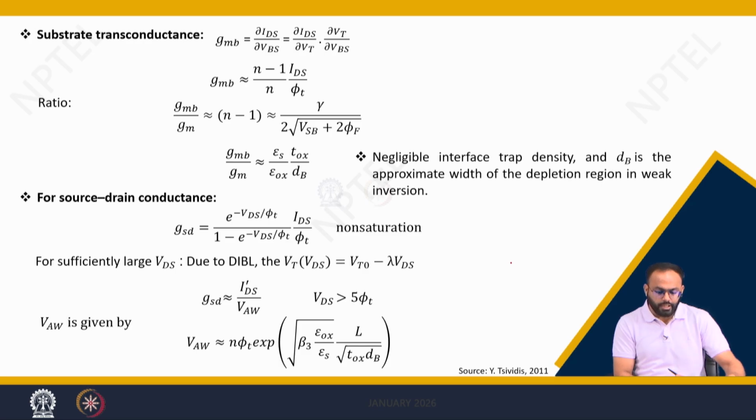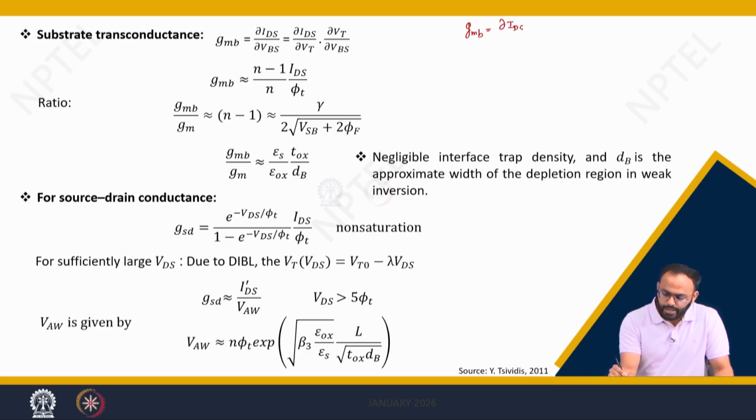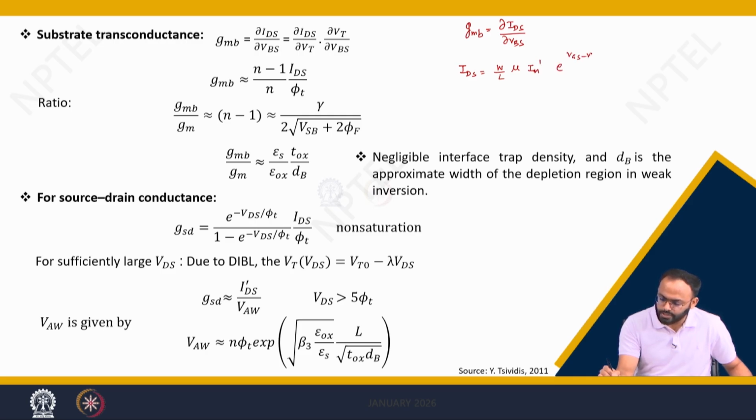Now let's calculate the substrate transconductance, which is GMB, defined as delta IDS divided by delta VBS. Again, you see the equation of current IDS as W by L into mu into Im dash into e to the power of Vgs minus Vt divided by n times phi t, times 1 minus e to the power of minus Vds divided by phi t.